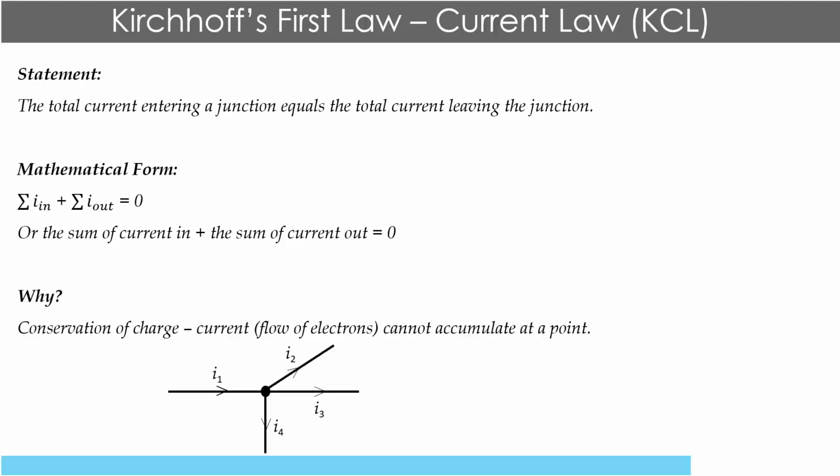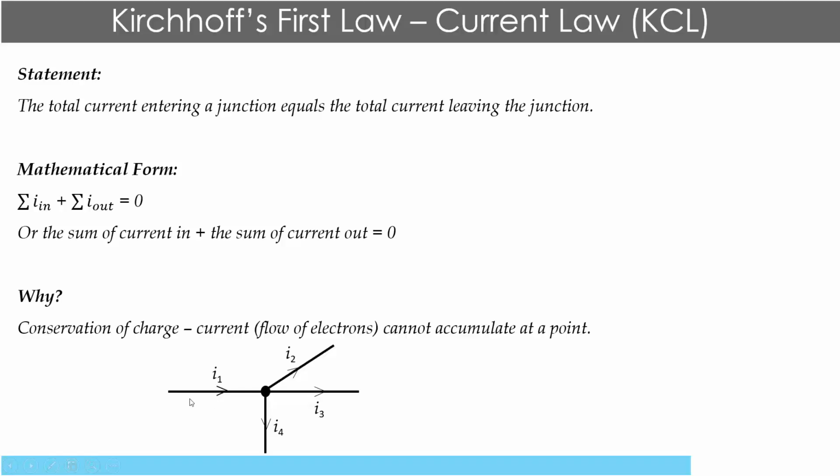If we look at this diagram, you would see that we have a node here, and based on this node, we have current I1, current I2, current I3, and current I4. What Kirchhoff's current law is telling us to do is to look at which of these currents are entering this node, and which are leaving the node.